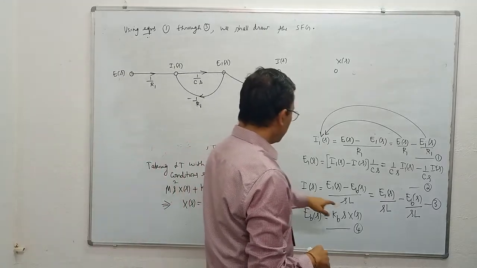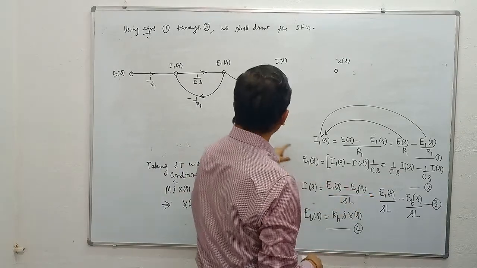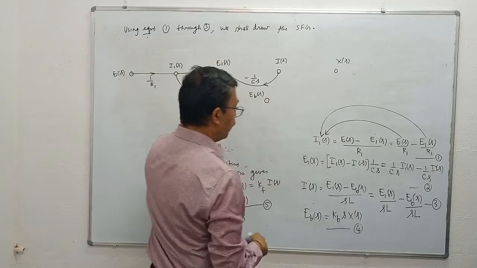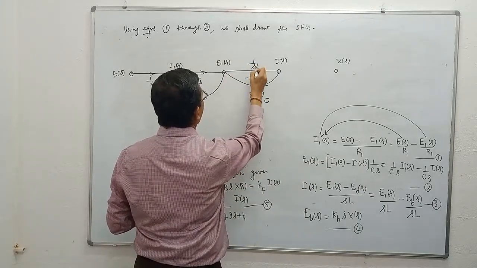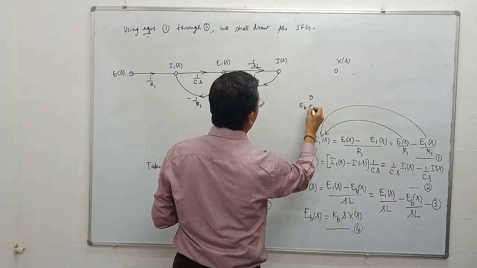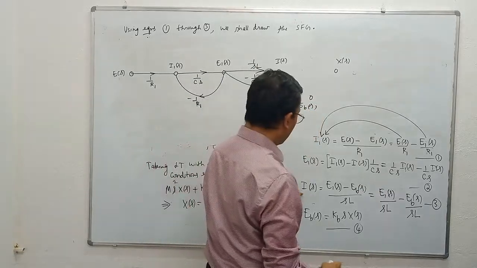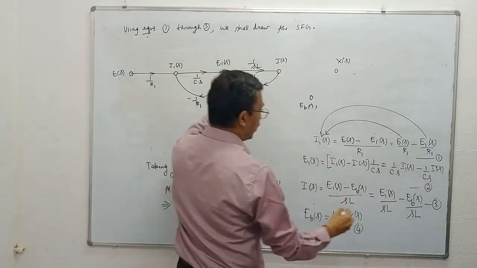Next come to this. I of s is equal to E1 of s into 1 by SL.